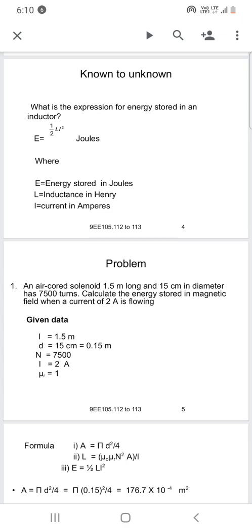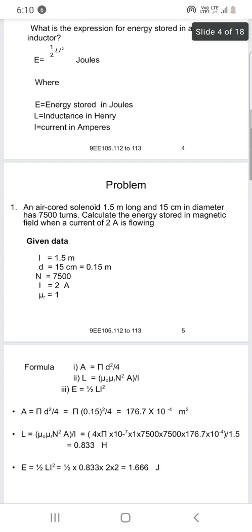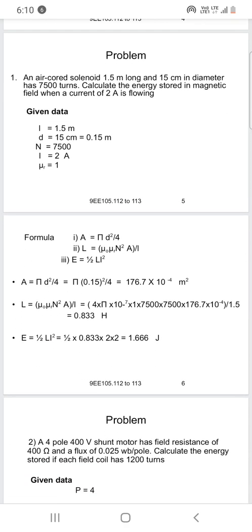On this expression we have some problems to solve. The first problem: an air core solenoid 1.5 meter long and 15 centimeter in diameter has 7500 turns of conductor.